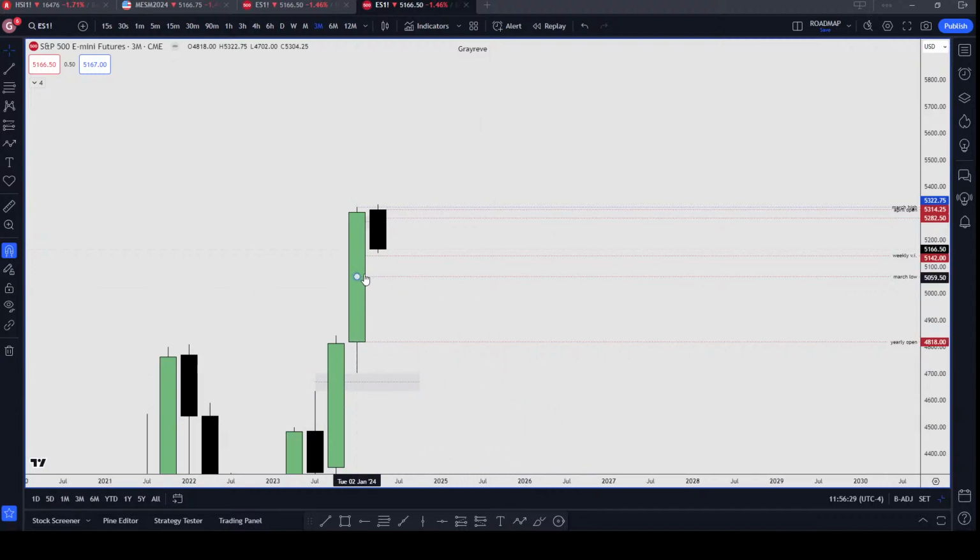Because Q1 is an expansion, I'm expecting Q2 to be consolidation for this year's profile, unless of course something changes that we take out Q1's low. So let's just say we take out Q1's low with this candle here. Alright, so this candle basically just trades all the way down into this fair value gap.